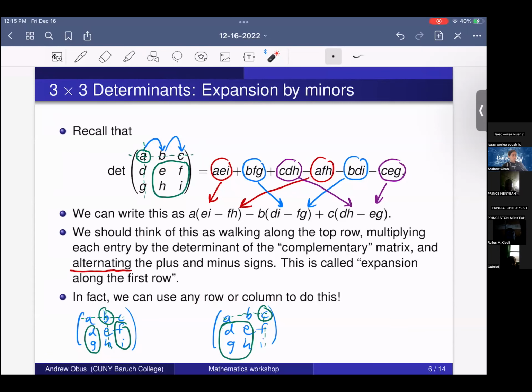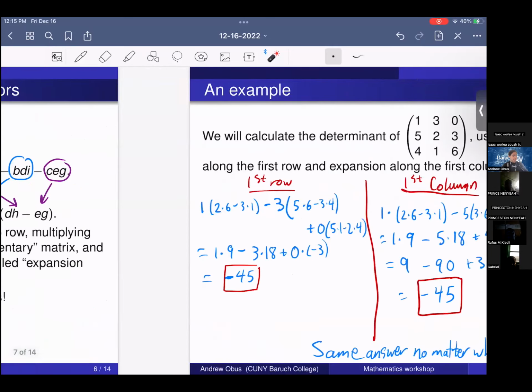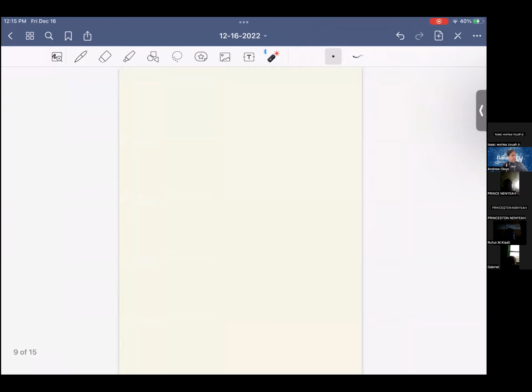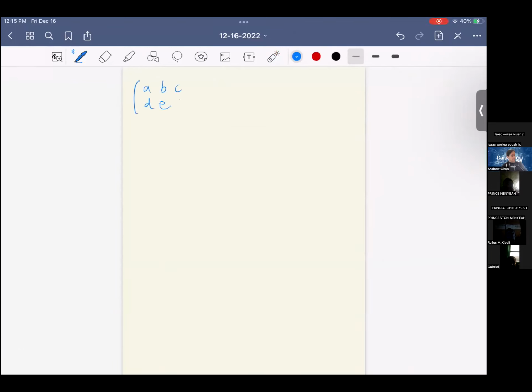Let me just show you what happens in general. So maybe I'll add a new page. Maybe this will clarify. So if I have my matrix A, B, C, D, E, F, G, H, I, and if I'm going to use the second column, so if I do this just in general, with my law, I'm starting with the negatives.